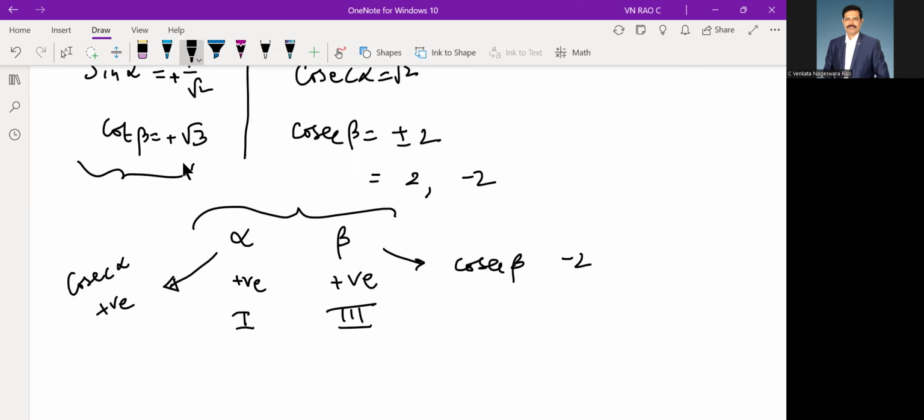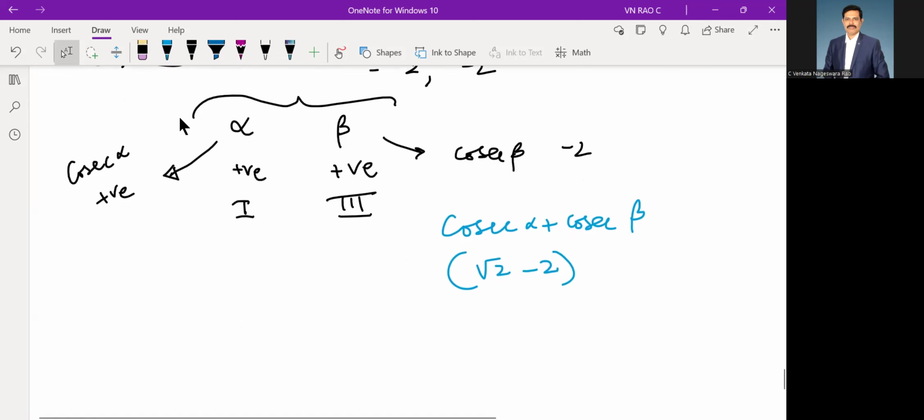So ultimately the answer is cosecant alpha plus cosecant beta is square root 2 minus 2. I can take square root 2 common, so I can take it as 1 minus square root 2.